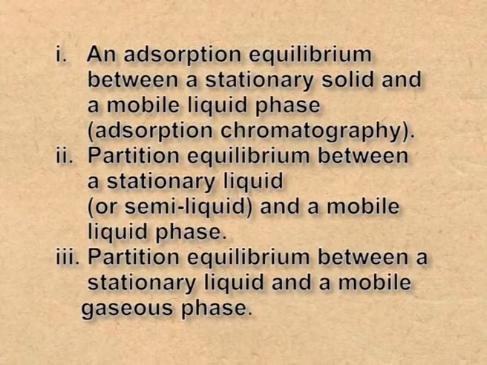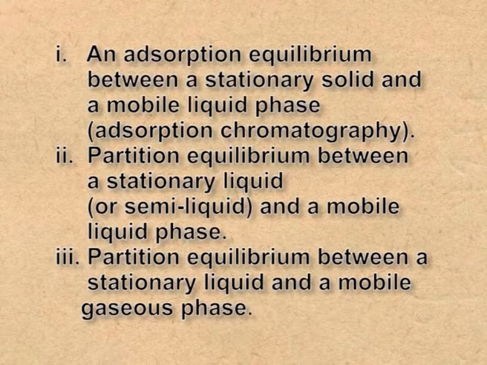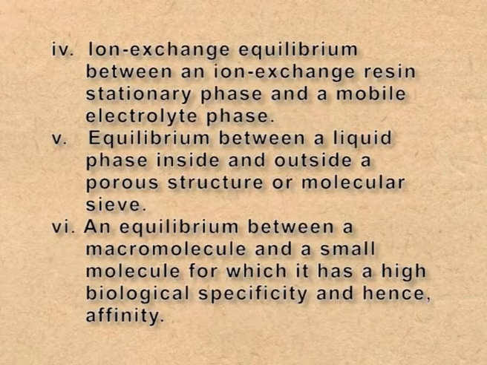1. An adsorption equilibrium between a stationary solid and a mobile liquid phase. This is adsorption chromatography. 2. Partition equilibrium between a stationary liquid or semi-liquid and a mobile liquid phase. 3. Partition equilibrium between a stationary liquid and a mobile gaseous phase. 4.